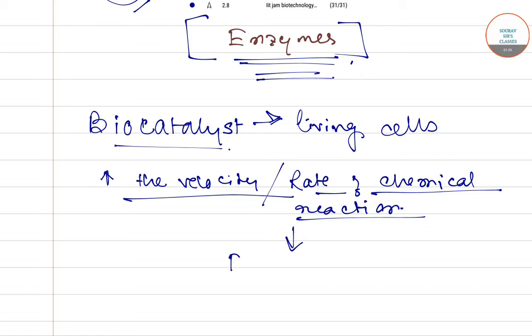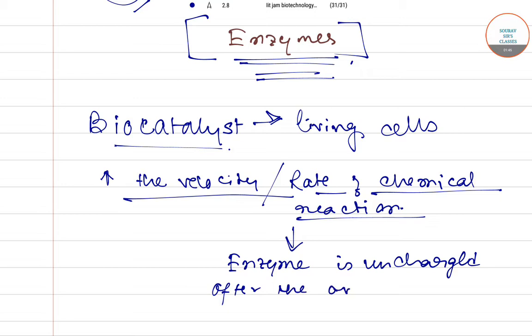So the enzyme is unchanged after the overall process. So this is the actual definition of enzyme.